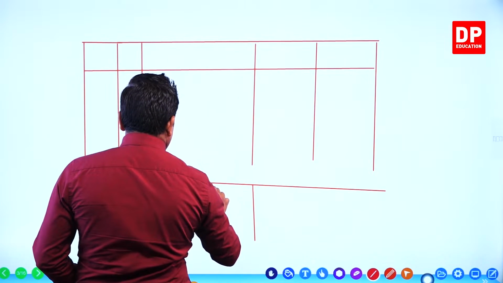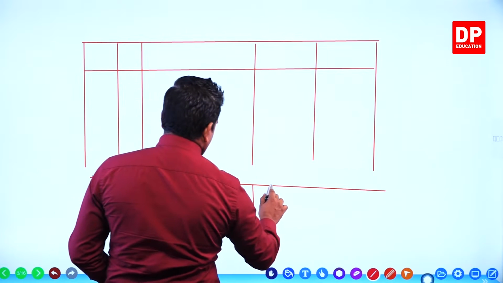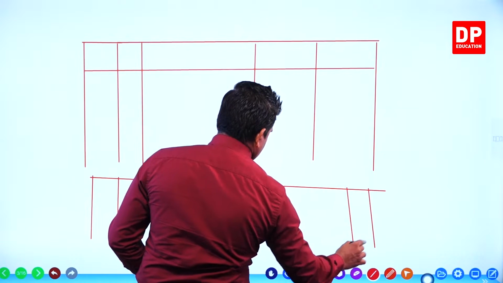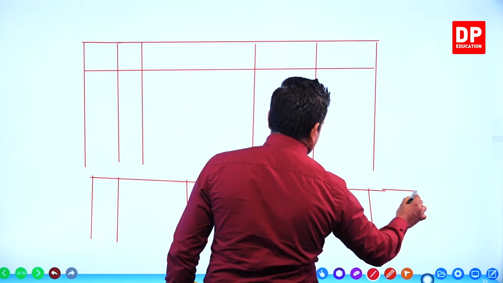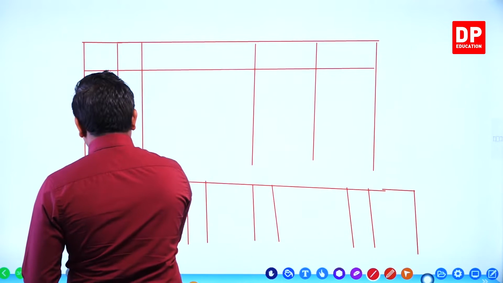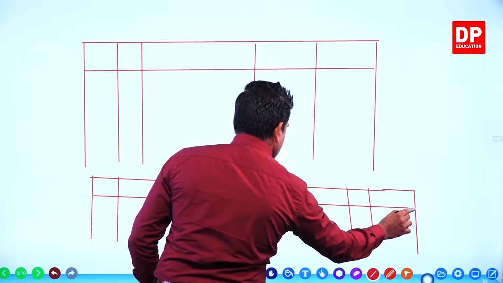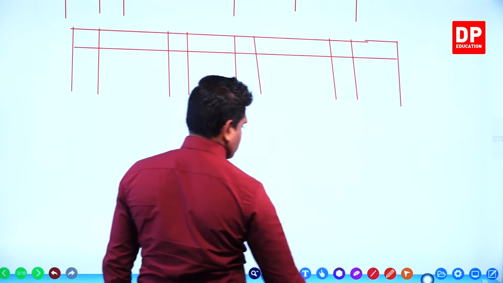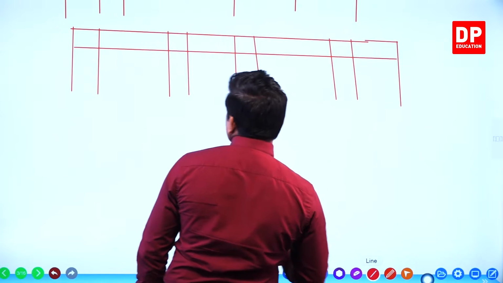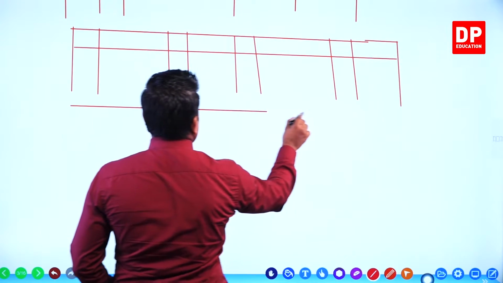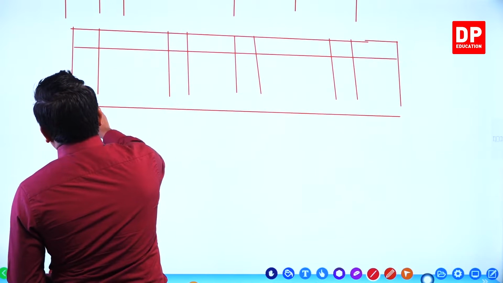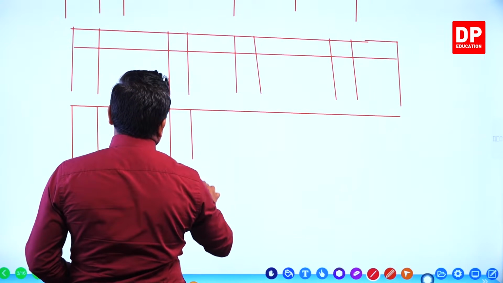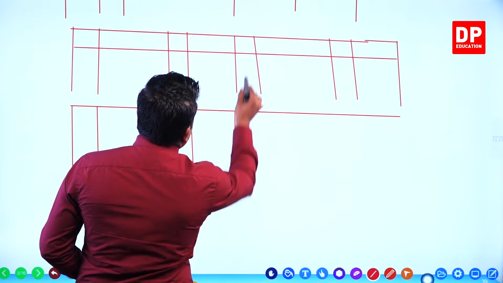Date, description, ledger folio, value or cash. Date, description, ledger folio, value or cash. See, this is straight, no?